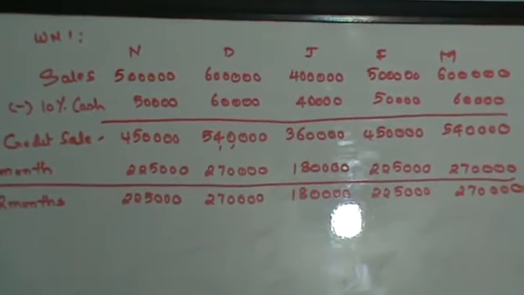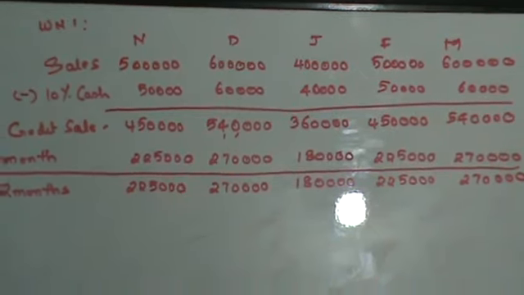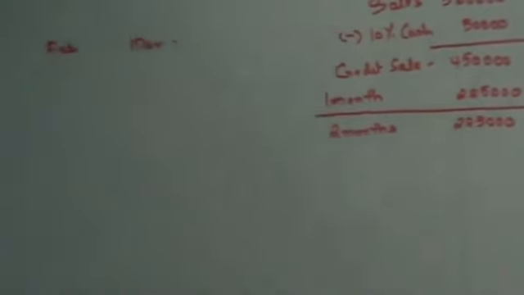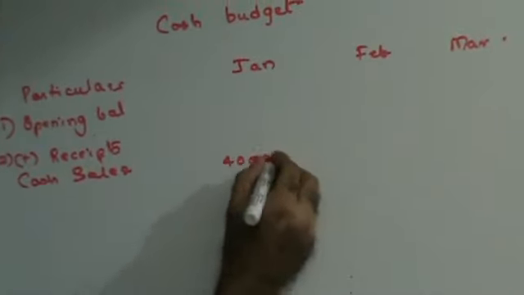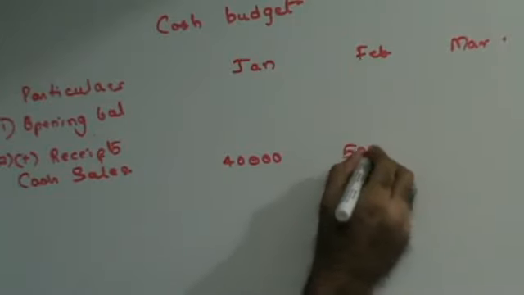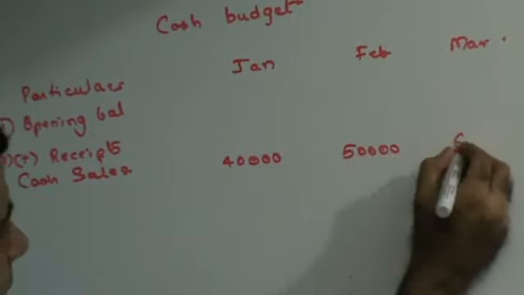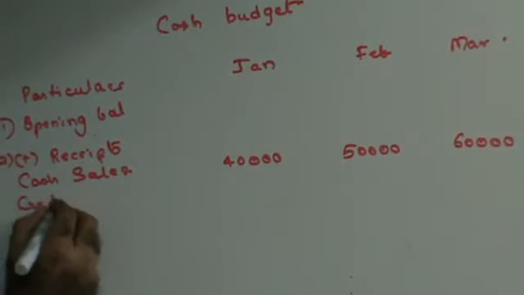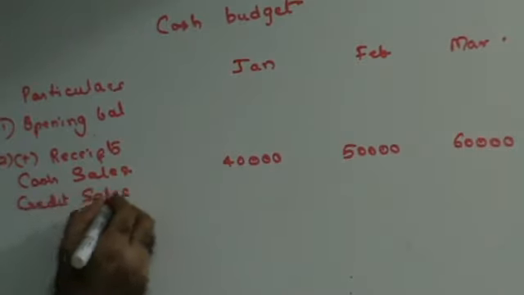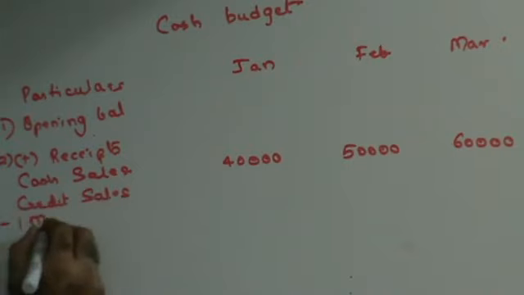Yes, let's see this. Let's record this entry, guys. Cash sales. Cash sales is always in the month. So Jan cash sales are 40,000, Feb cash sales are 50,000, March cash sales are 60,000. Right? Next, credit sales. 1 month credit.